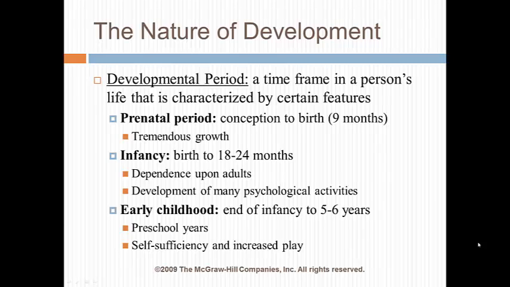Infancy, which occurs from birth to 18 to 24 months, is marked by dependence on adults, development of psychological activities like language, symbolic thought, and social learning. Early childhood is from the end of infancy to 5 to 6 years. This time consists of the preschool years, time with peers, self-sufficiency, and play.